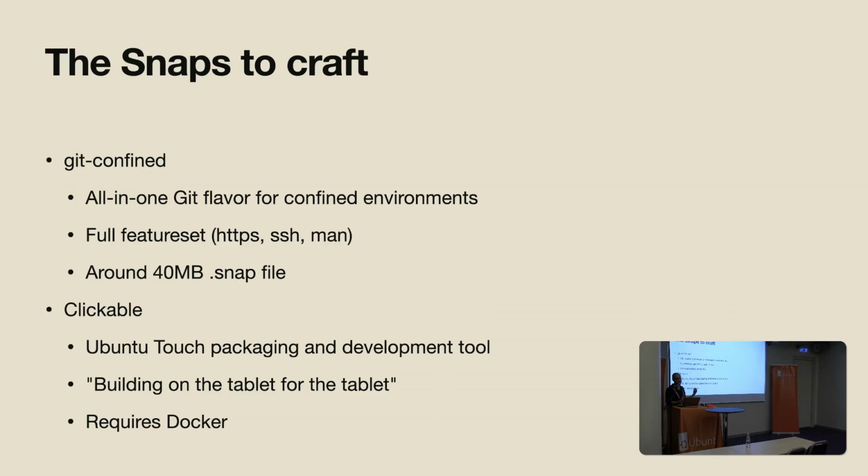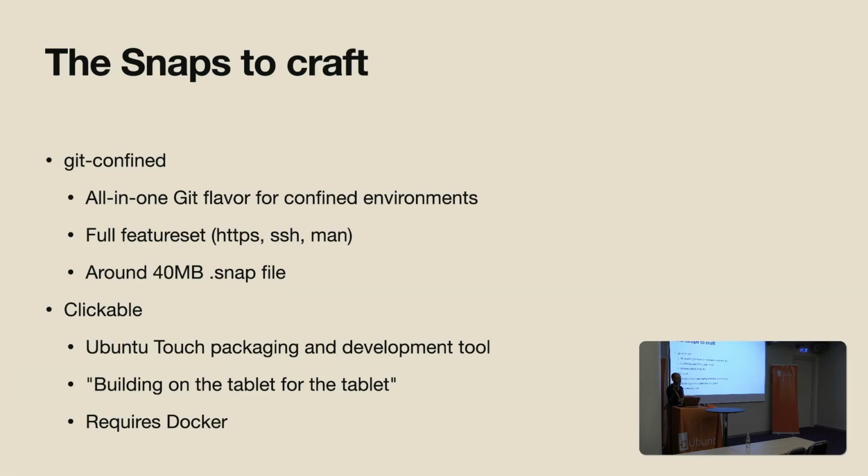And the second one is Clickable. Clickable is our Ubuntu Touch packaging tool for developing apps on an Ubuntu or other Linux-flavored desktop. So the idea would be to pull Clickable into a Snap package, install that, and then have it build a regular Ubuntu Touch application for you.